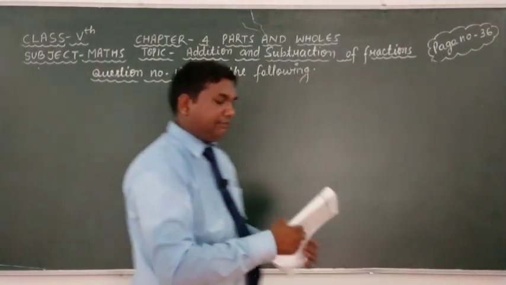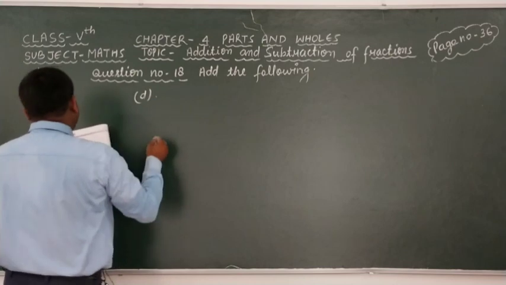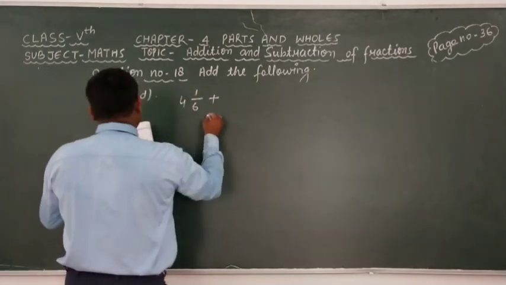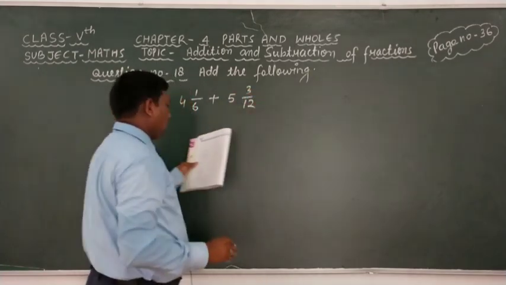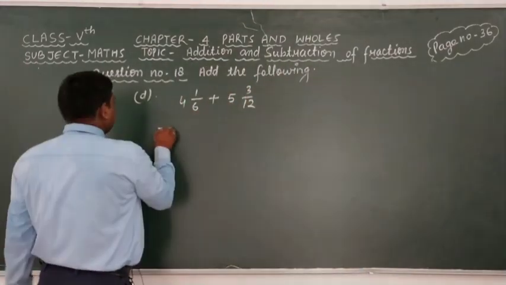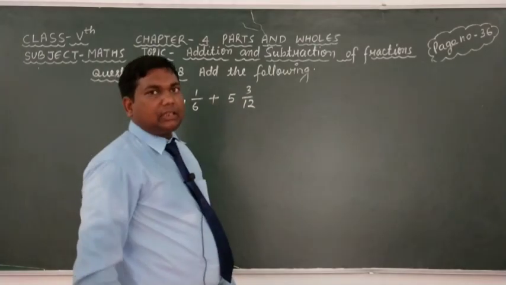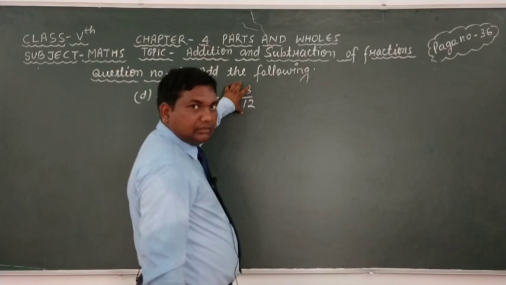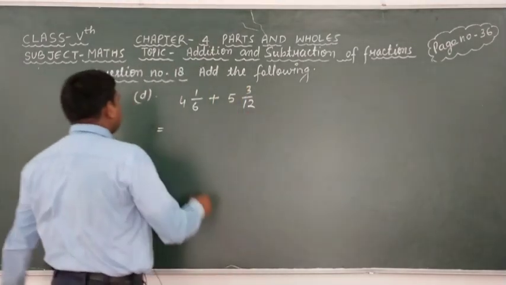Now let's start question number 18 of D. Here given that 4 whole 1 over 6 plus 5 whole 3 over 12. Okay, dear sons. Look at here carefully. Here given that 2 mixed fractions, then we have to change these mixed fractions into improper fractions.